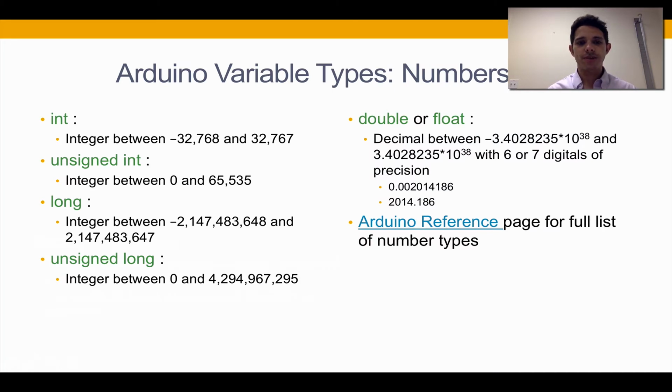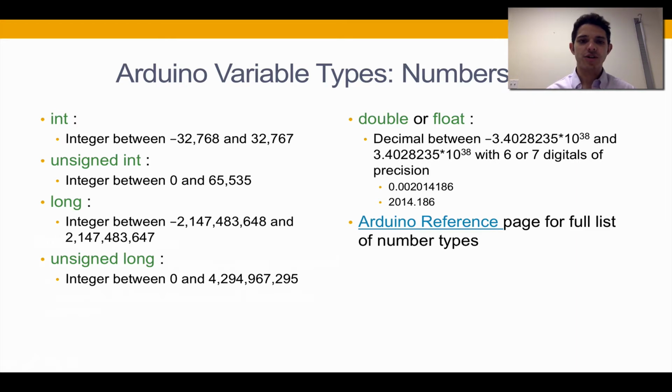Let's talk about all the different variable types in Arduino, at least the ones for numbers. In Arduino, an integer variable type can store any integer between negative 32,768 and positive 32,767. We can also store unsigned ints.